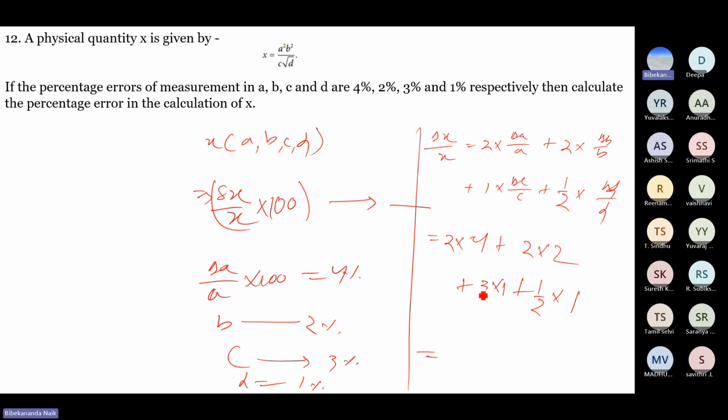It will give you 8 plus 4 plus 3 plus 0.5, which is 17.5%. So the percentage error in calculation of x is 17.5%.